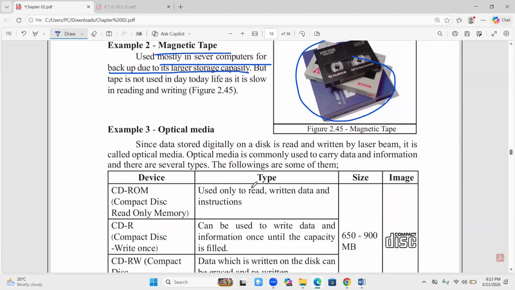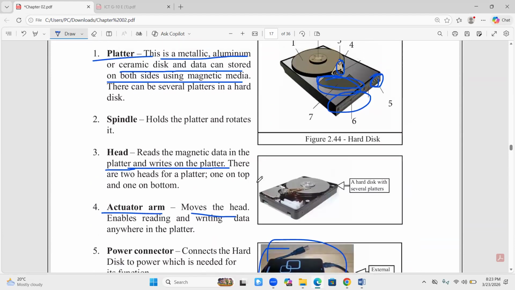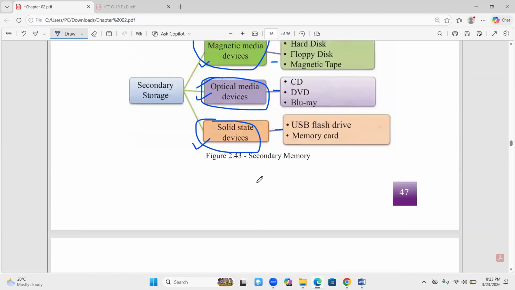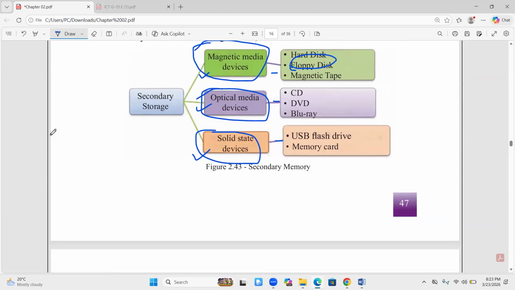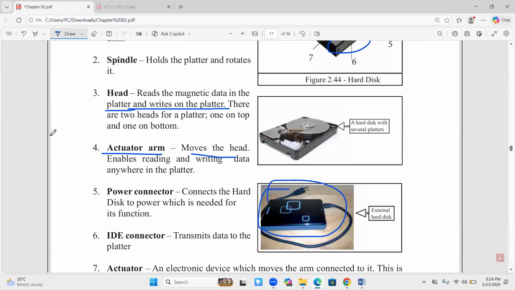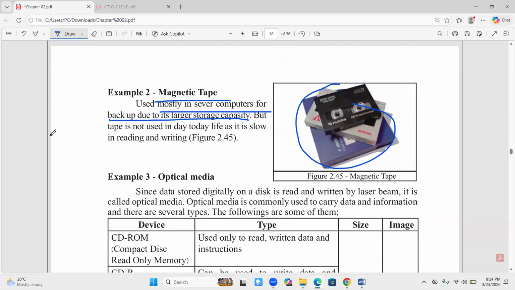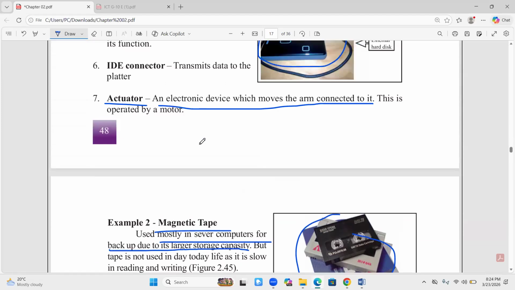The third category of magnetic storage device is floppy disks. But nowadays we don't use floppy disks because of their low memory capacity.